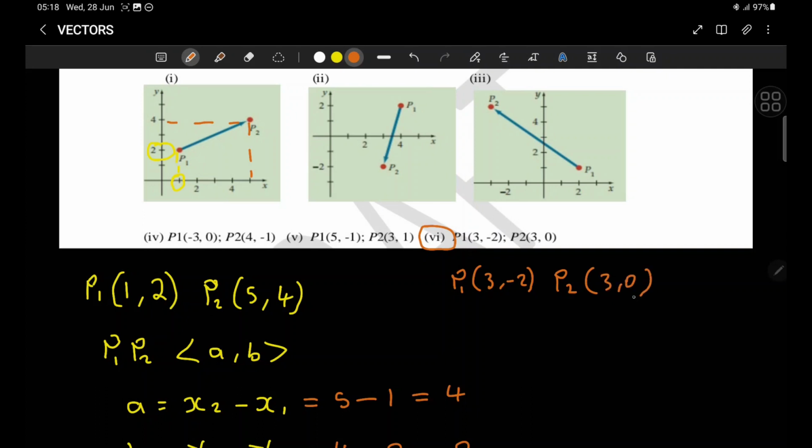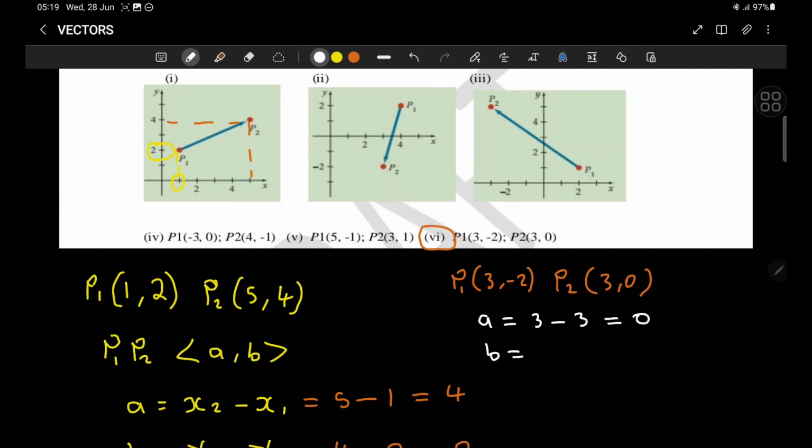So we're looking for the vector components of p1p2. We'll just do the same thing. We find what a is, and a is x2 minus x1. Our x2 is 3, our x1 is also 3, so our solution is 0.